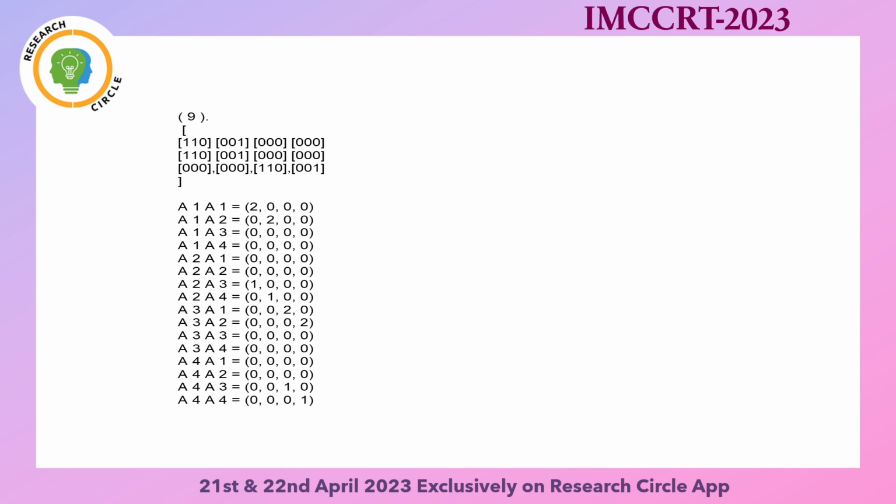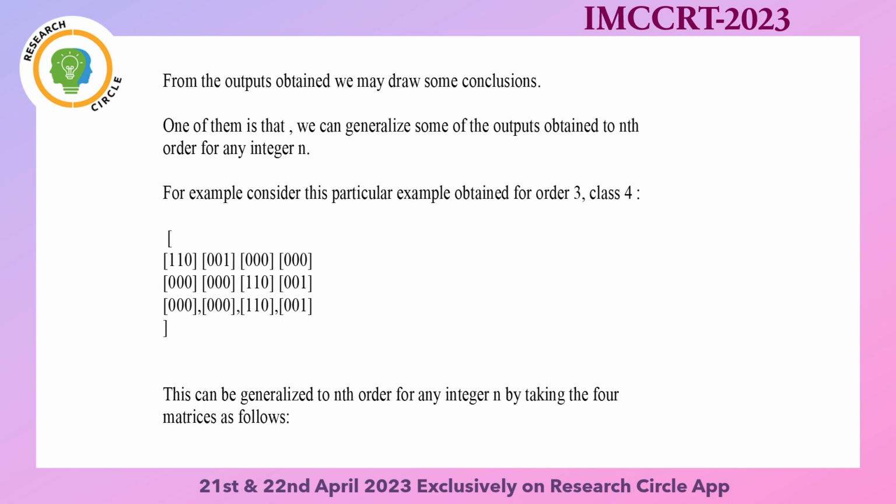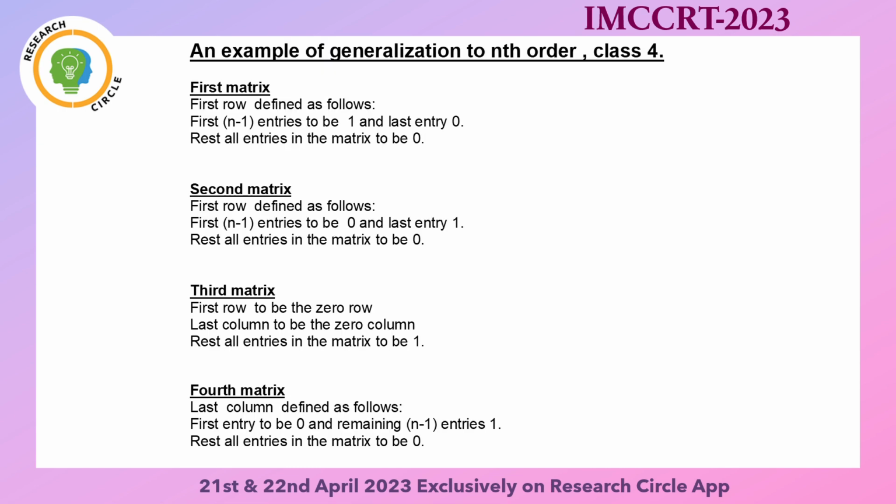Now from the outputs obtained, we can draw some conclusions. One of them is that we can generalize some of the outputs obtained to nth order for any n. For example, consider this particular example obtained for order 3 class 4. This can be generalized to nth order for any integer n by taking the 4 matrices as follows.